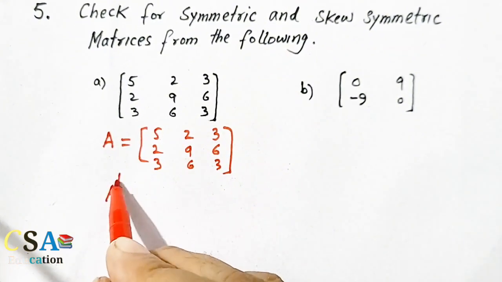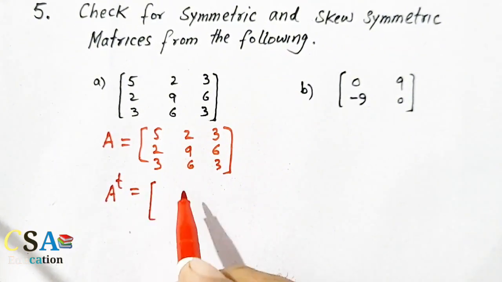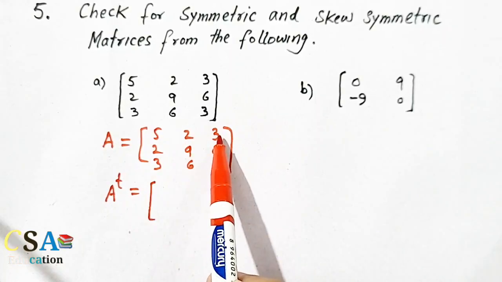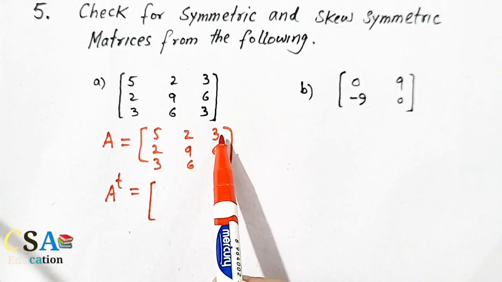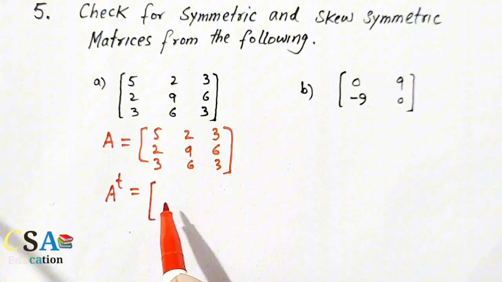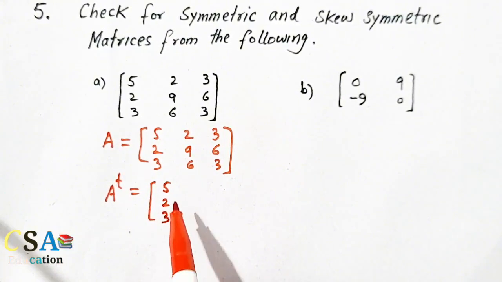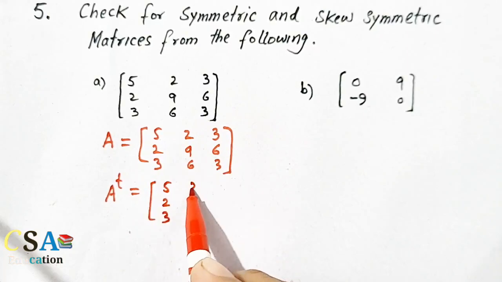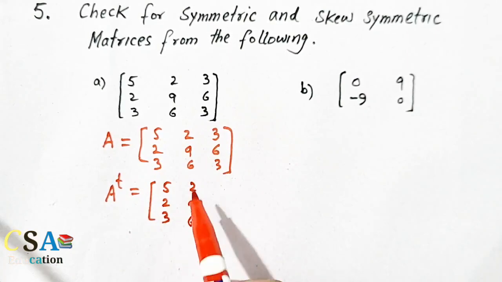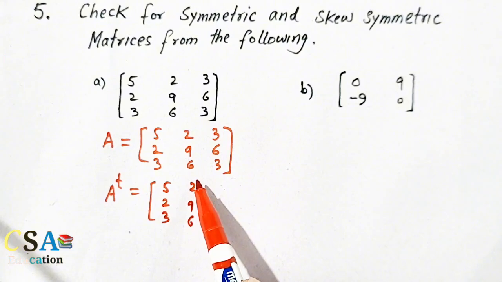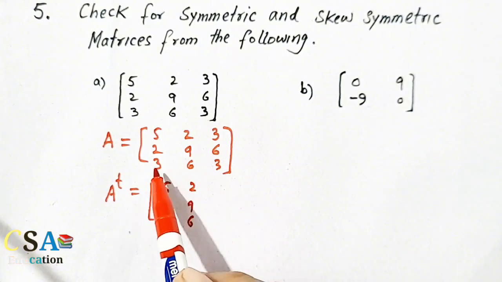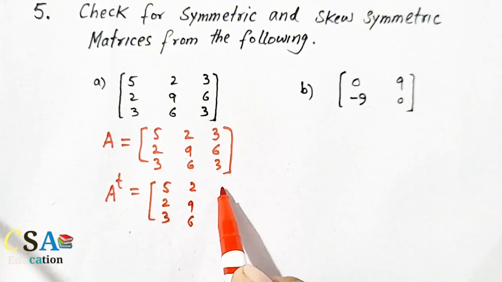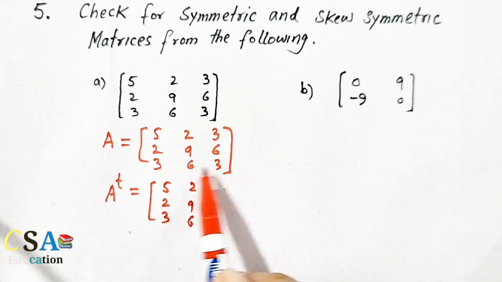A transpose will be equal to, transpose means the first row is converted into first column, so 5, 2, 3 is now the first column. The second row is 2, 9, 6, which we make the second column. The third row is 3, 6, 3, so we make it the third column.